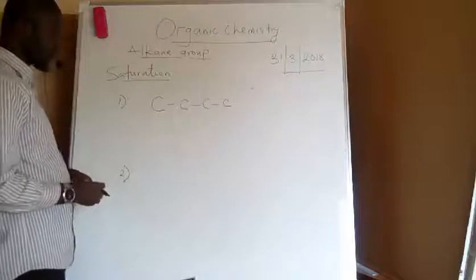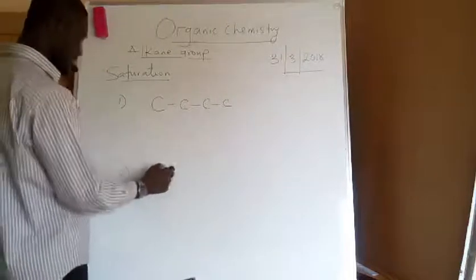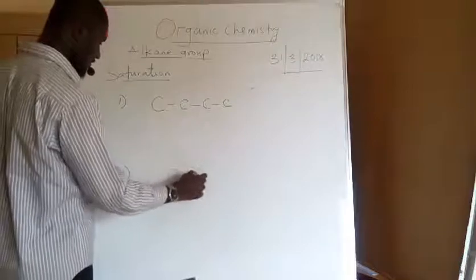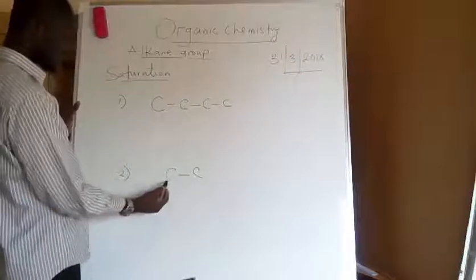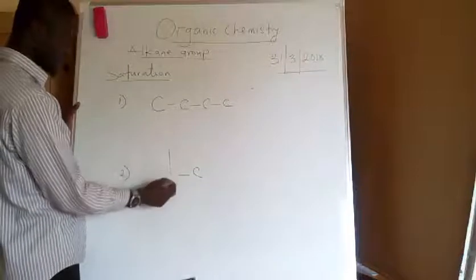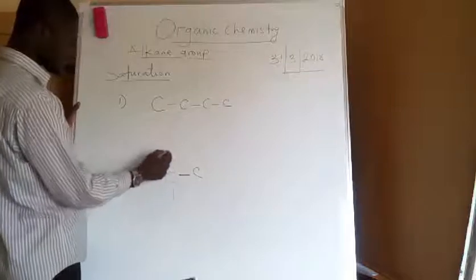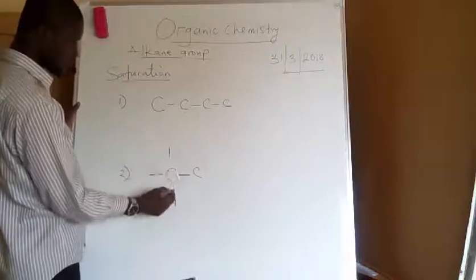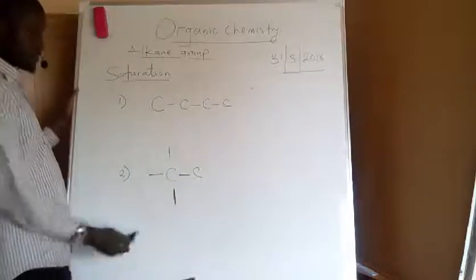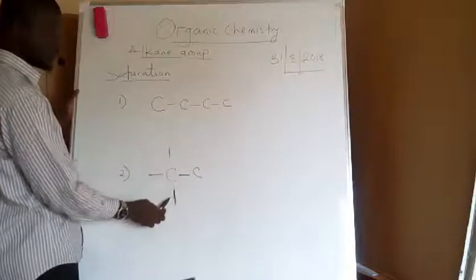Now the second definition says a compound is said to be saturated if each carbon atom is bonded to 4 different atoms. For instance, this carbon is bonded by 1, 2, 3, 4 bonds.